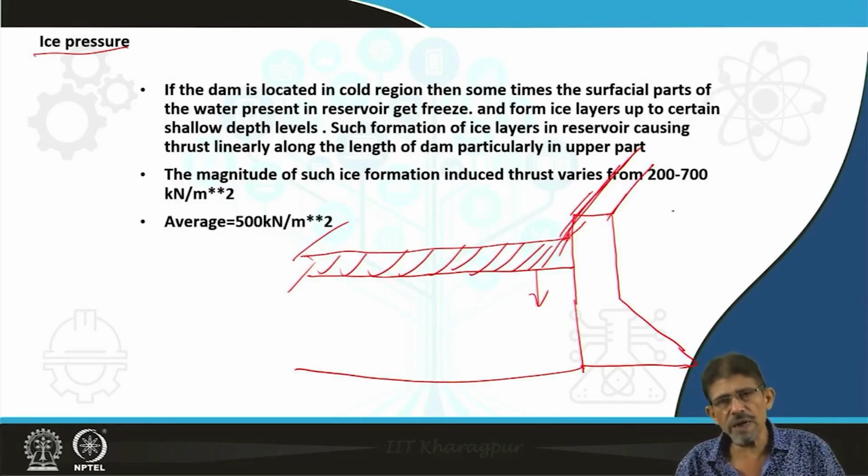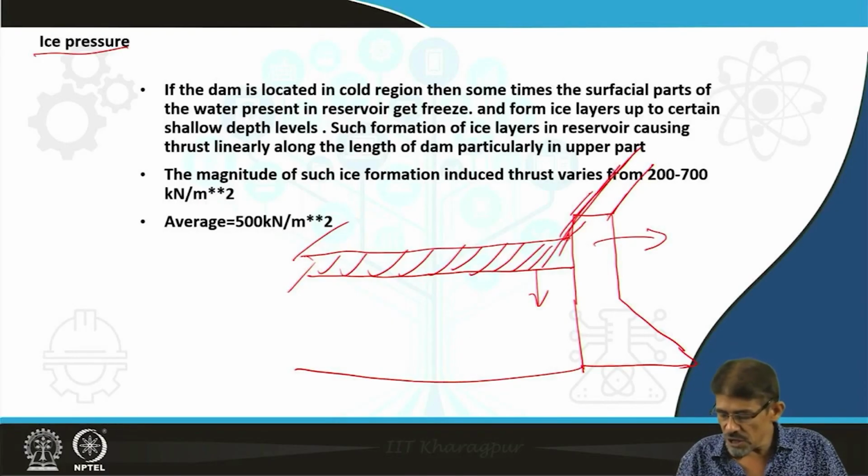As per the concept, the volume of ice is generally higher than water. Therefore, it results in expansion thrust on the dam structure and is going to push the dam downside.